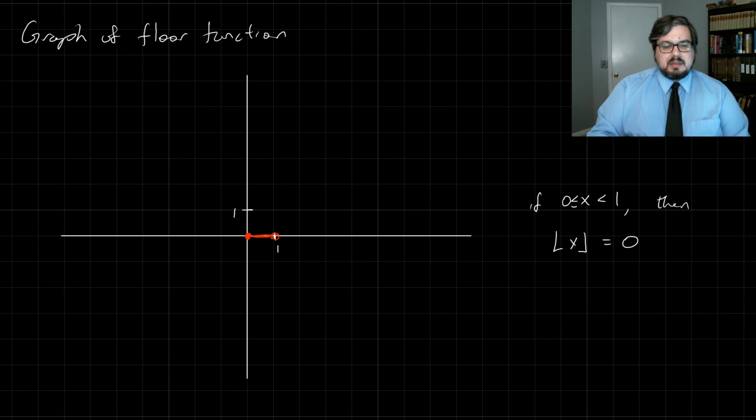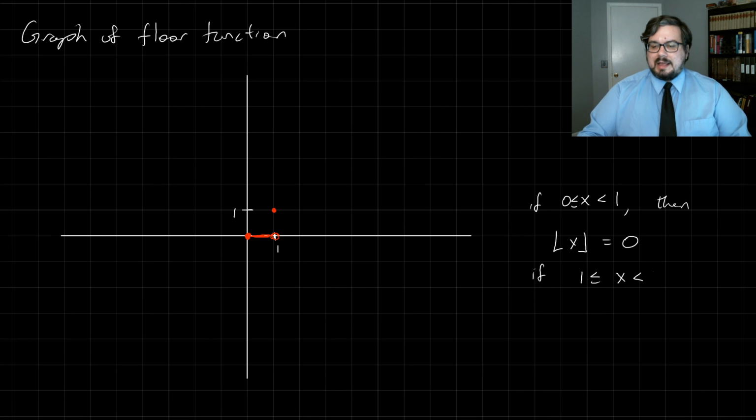Now, if x is equal to 1, then the floor of 1 is 1, so we definitely get the point (1, 1) on the graph. But then if x is between 1 and 2, but not equal to 2, then the floor of x is equal to 1.